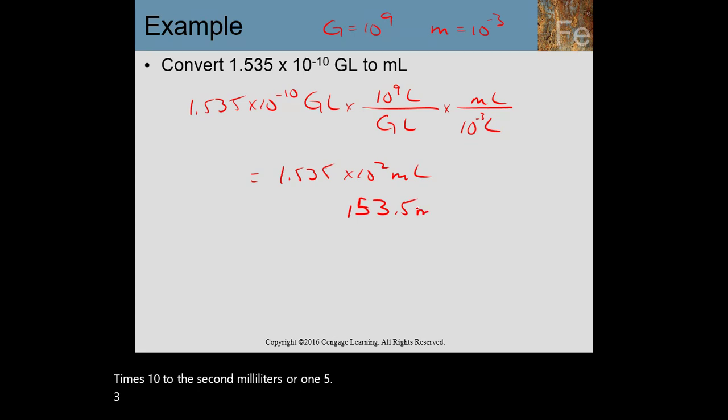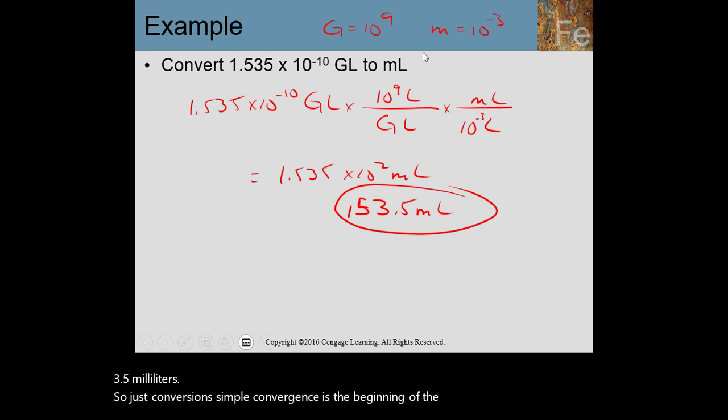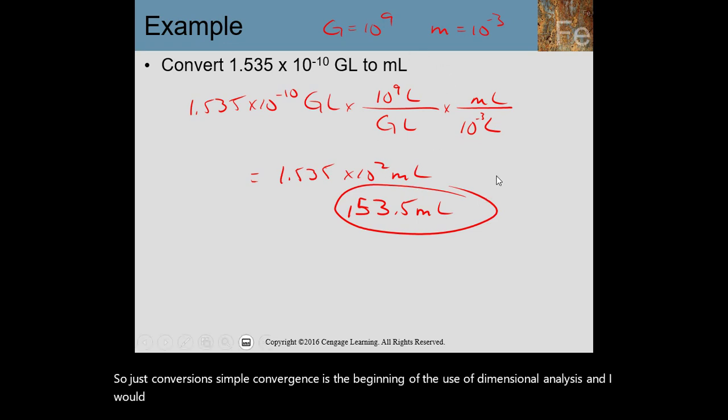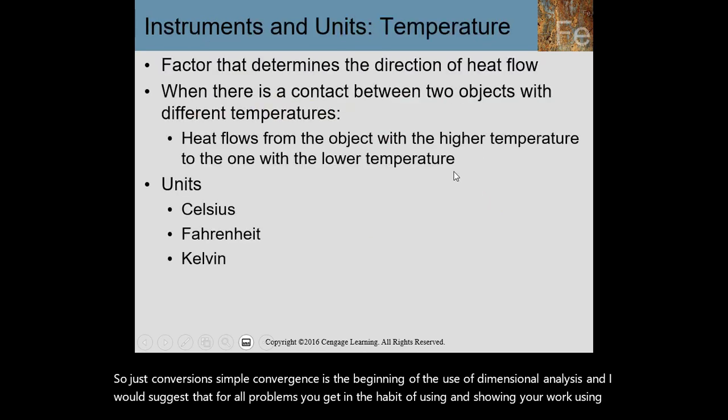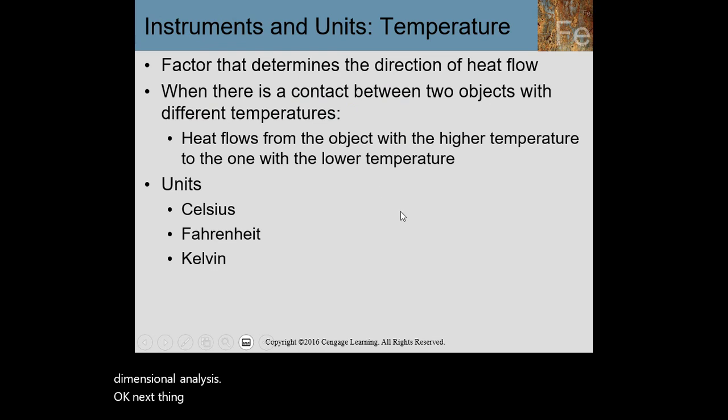Okay, so just simple conversions at the beginning of the use of dimensional analysis. And I would suggest that for all problems, you get in the habit of using and showing your work using dimensional analysis.